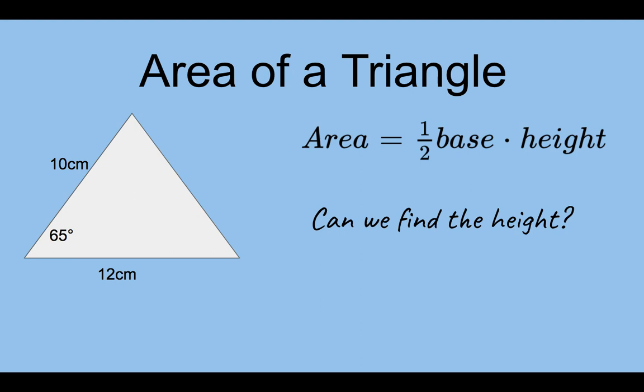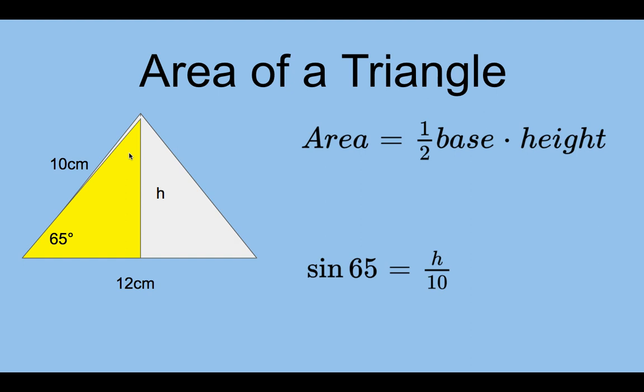Can we find the height? So if we were to find the height of this triangle, we'd have to put a line down there, just like this, and that would be the height. And we probably could find that, especially if we just focus on this triangle here that I've tried to color in, missed a little bit, but that's okay.